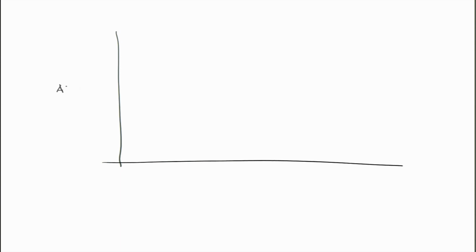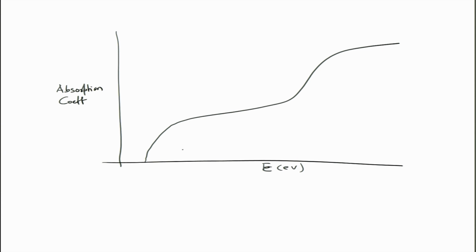As I told you earlier also, in the commercial semiconductors, what is important? The absorption coefficient. So, if we plot the absorption coefficient as a function of energy, silicon has a band gap of 1.1. Silicon is an indirect band gap semiconductor, it shows a behavior something like this, whereas gallium arsenide has a band gap of 1.41. This shows much higher absorption coefficient as compared to silicon.